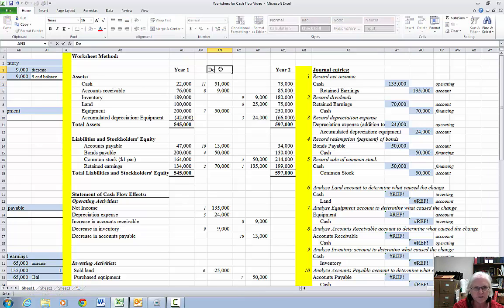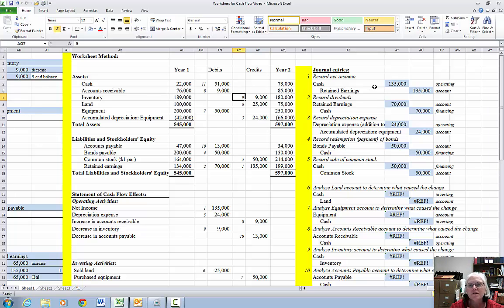This is debits, and these are credits. The italics are the references for the journal entry number.